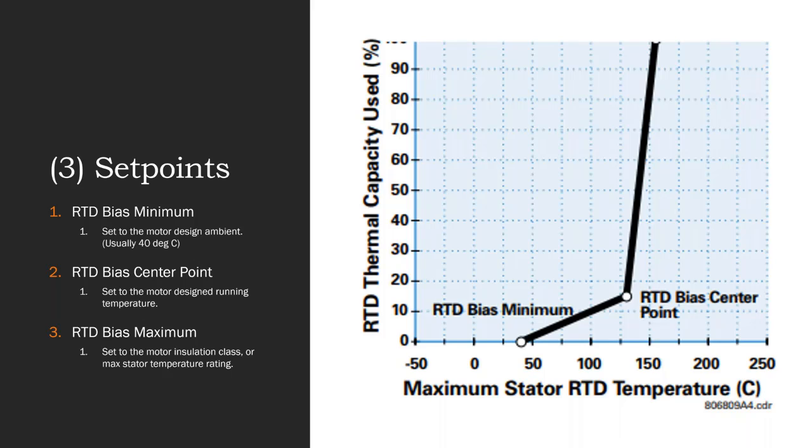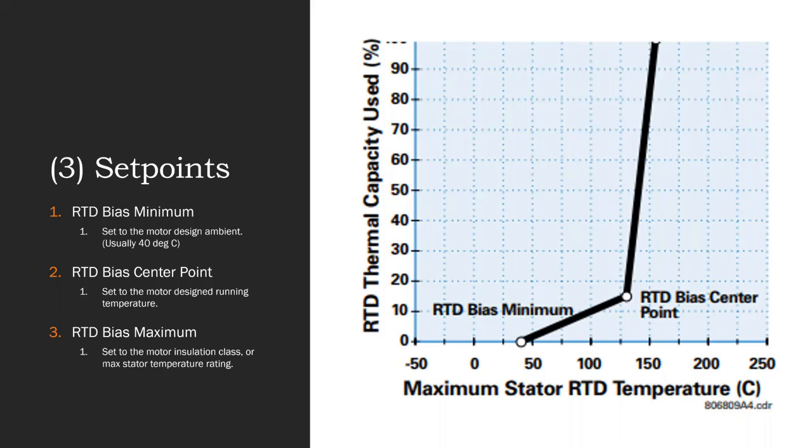The third number that we need, and it got cut off here, I apologize, when I took the snapshot, but all the way up at the top is the RTD maximum point. We set this to the stator maximum temperature that we also call the insulation class.